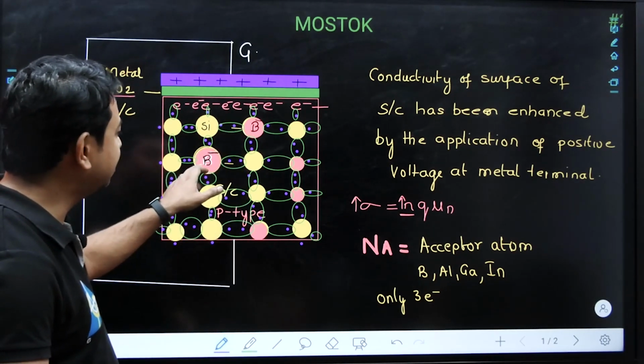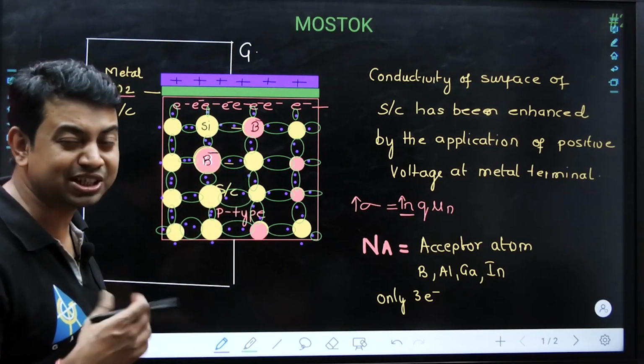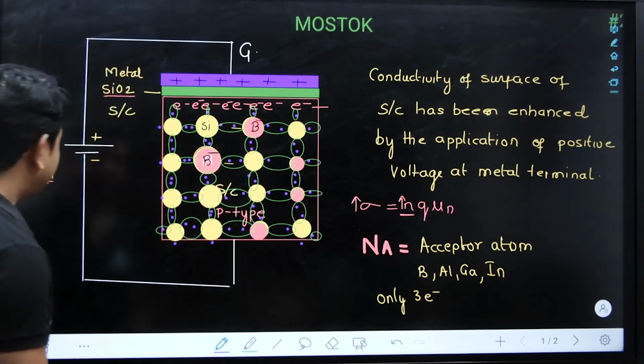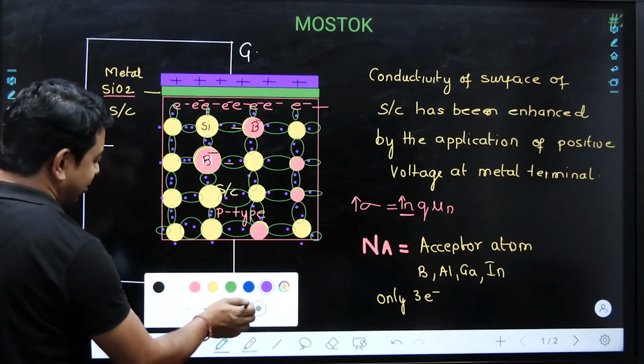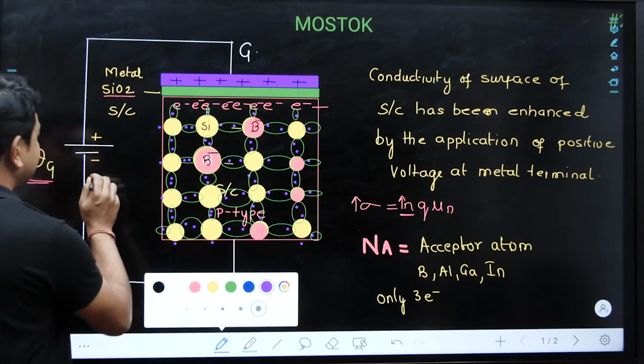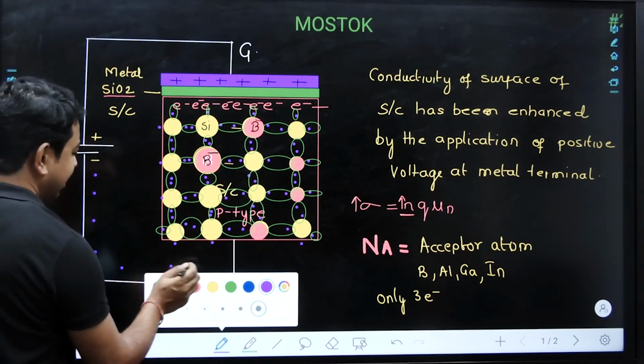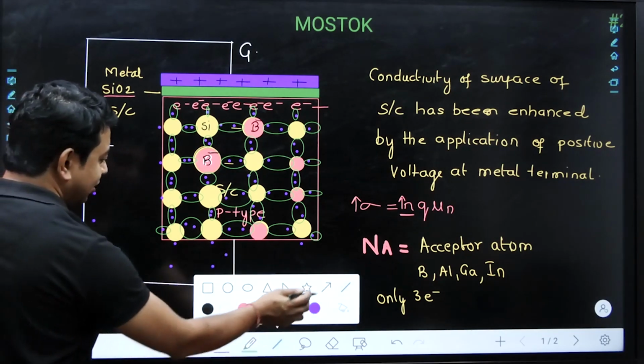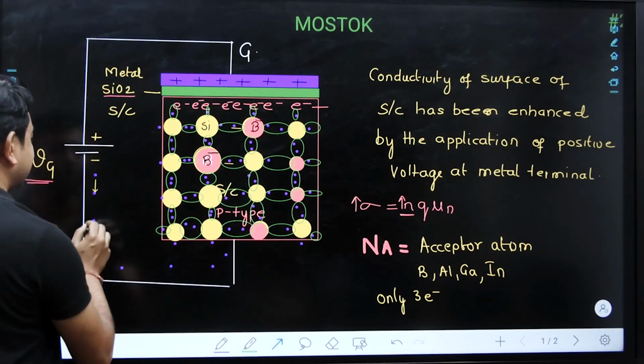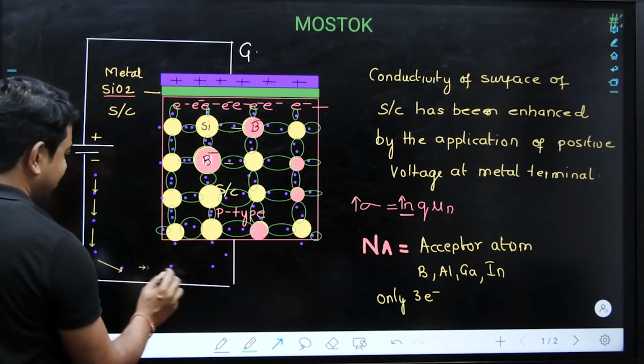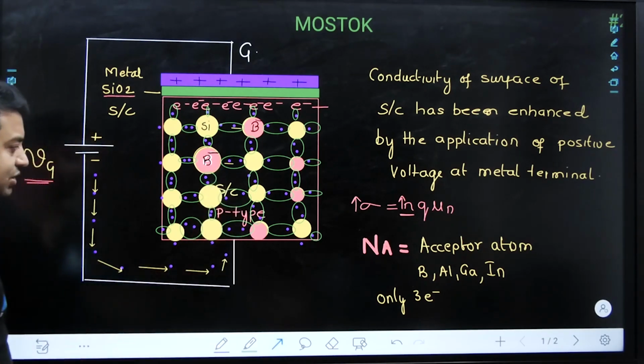So this boron got one electron, and this electron has been supplied from this source, the supplier of the electrons. I just draw some electrons here, and I draw the direction of movement of these electrons. The electrons move in this direction.